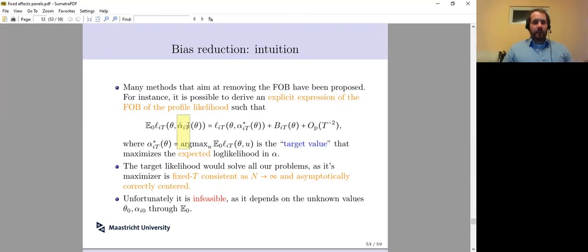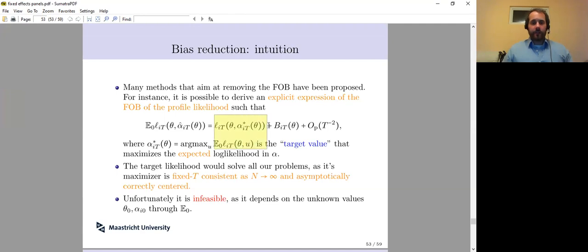We expand alpha hat around alpha star, where alpha star is not the maximizer of the likelihood in alpha, but it's the maximizer of the expected likelihood. And this makes a huge difference. So we do a simple Taylor expansion, and this gives us this term B_it here, plus a remainder term that is of low enough order.